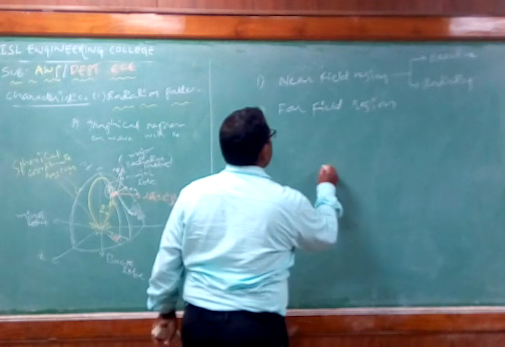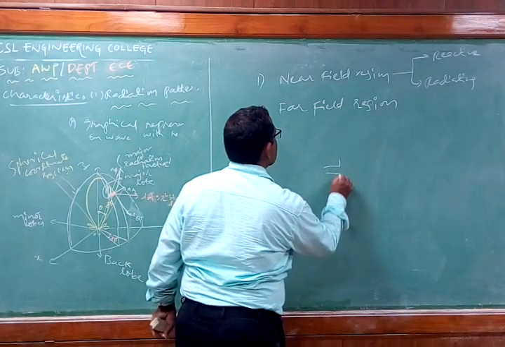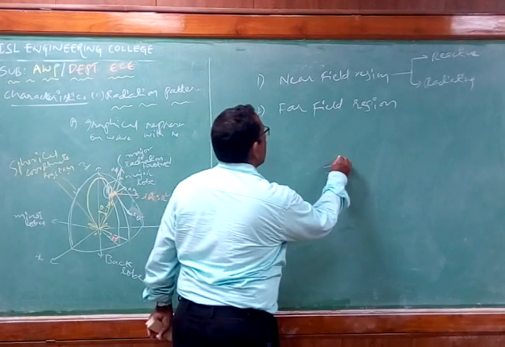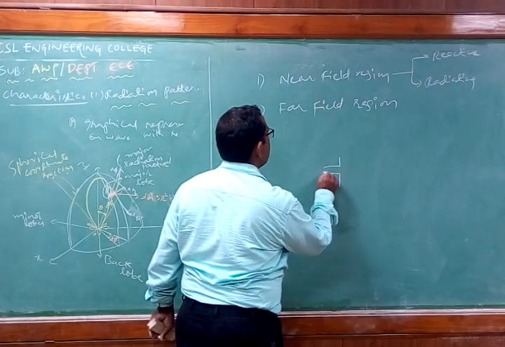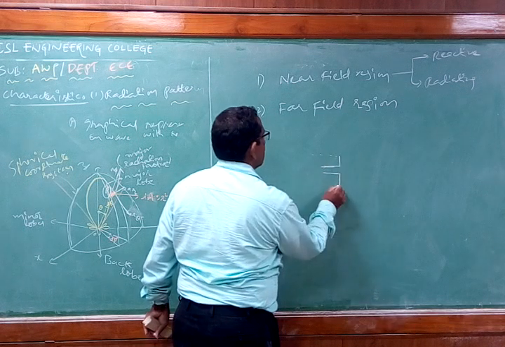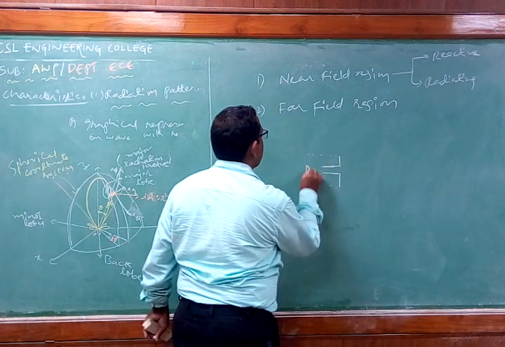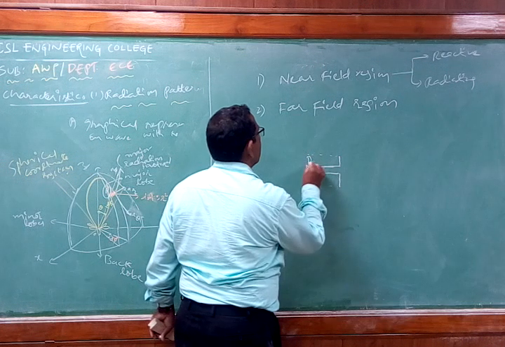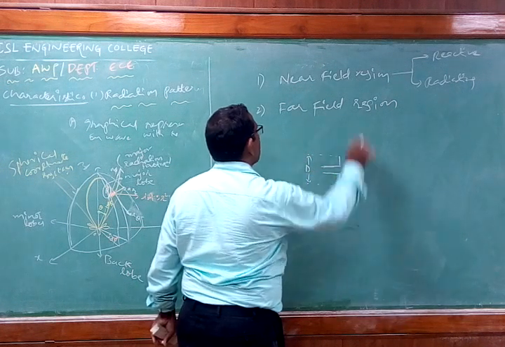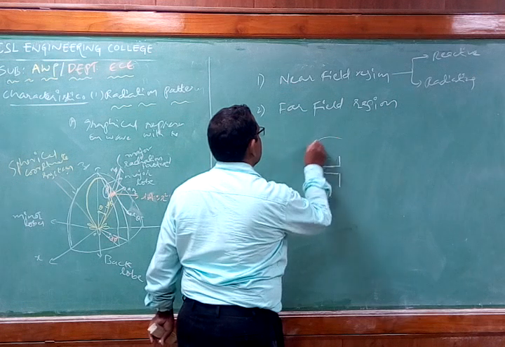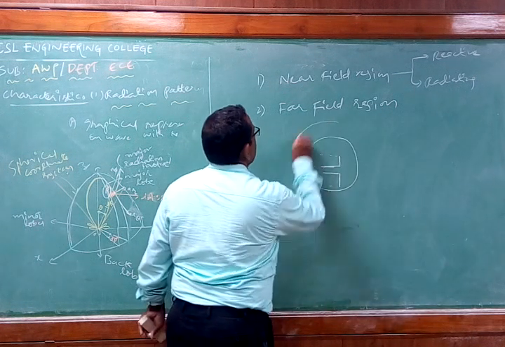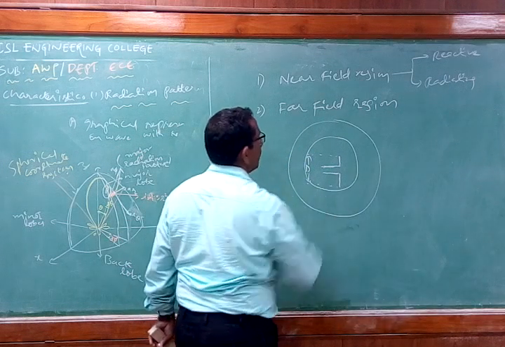Now how can we represent them? For example, consider a small antenna, where this is the diameter of the antenna. Based on this diameter, with the antenna at the center, we draw a circle, and above this we represent another circle.